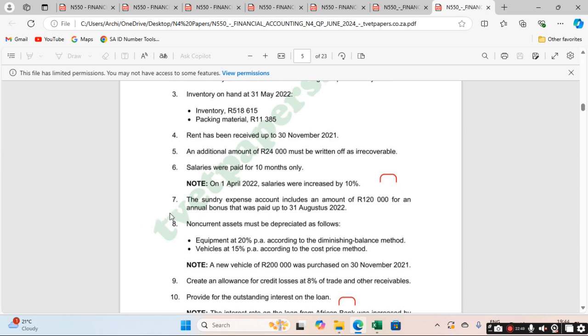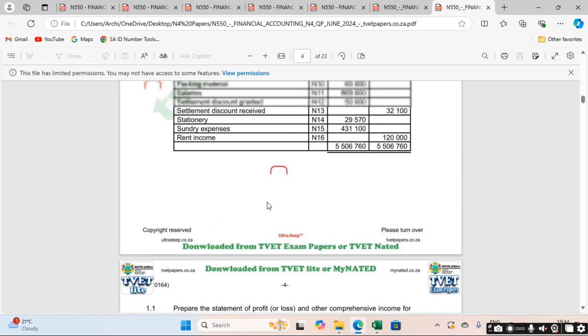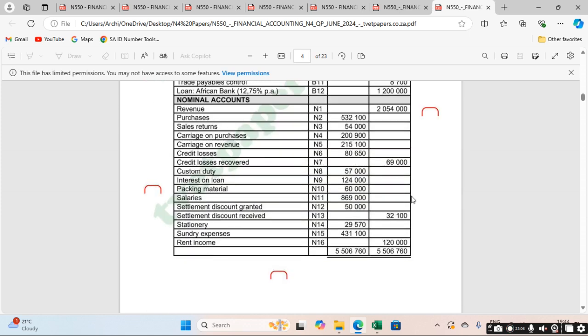Okay, so number 7, they're saying the sundry expenses account includes an amount of 120,000 for an annual bonus that was paid up to 31st August. So let's reread that. This is our sundry expense account of 431,100.